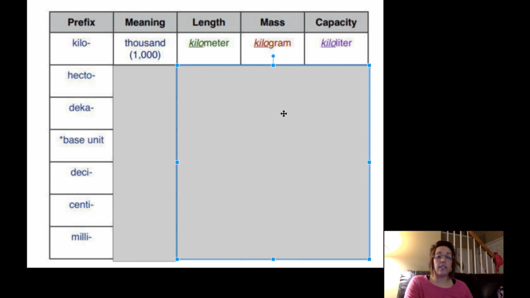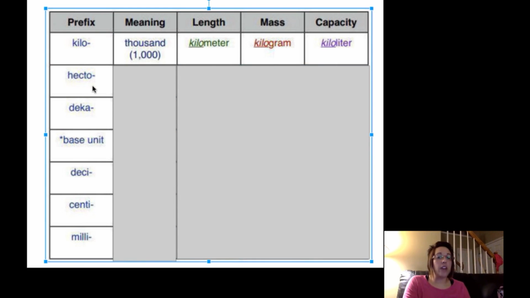Now, mass is what we weigh with a triple beam balance. And then capacity, I know that you have heard of a 2 liter of pop. So that's what we're talking about with capacity. In this case, a kiloliter would be 500 2-liters of pop.